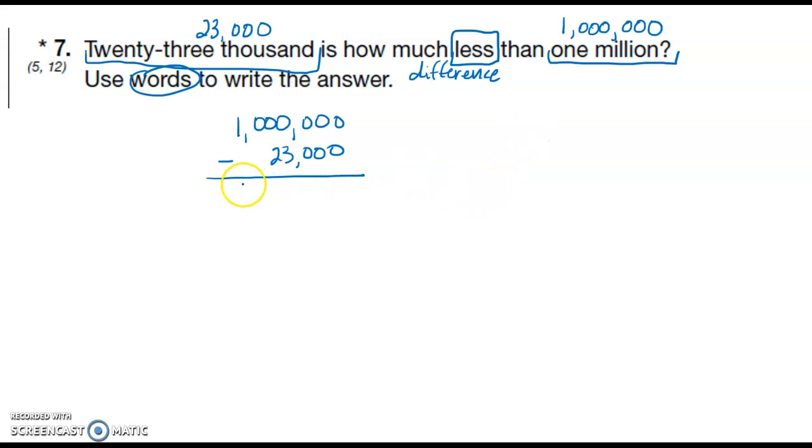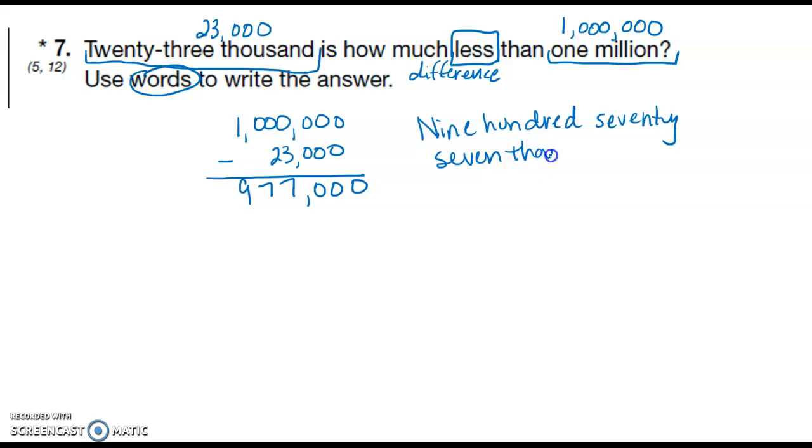Okay. 977,000. So really the words are how you would actually say it out loud. So when I say 977,000, that's how you would write it.